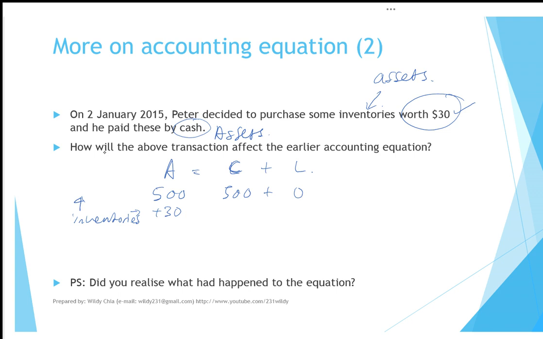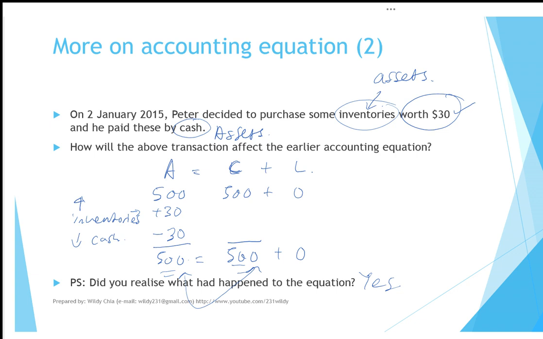So at the same time, assets decrease because he had to pay $30 to acquire the inventory. In exchange for the money he paid, he got additional inventories, so there was a decrease in cash. You find that 500 plus 30 minus 30 still gives you 500, and the capital amount is still 500. Liabilities remain 0. Is the equation still equal on both sides? Yes, the equation is still balanced on both sides.